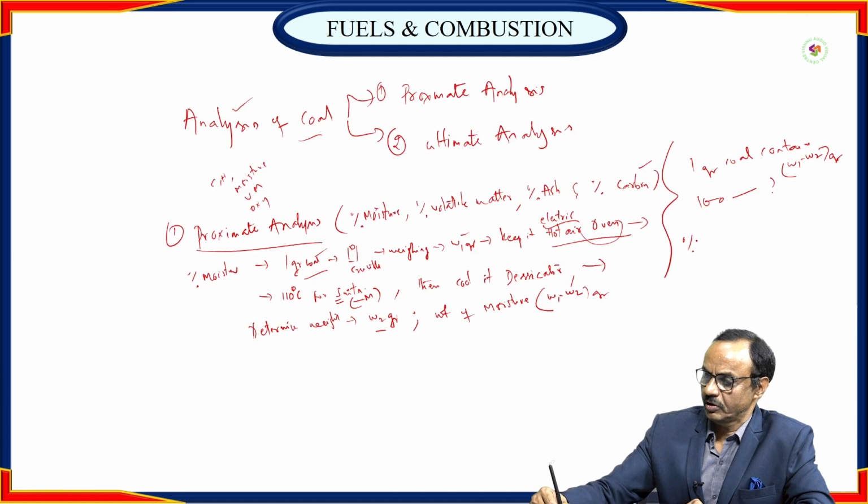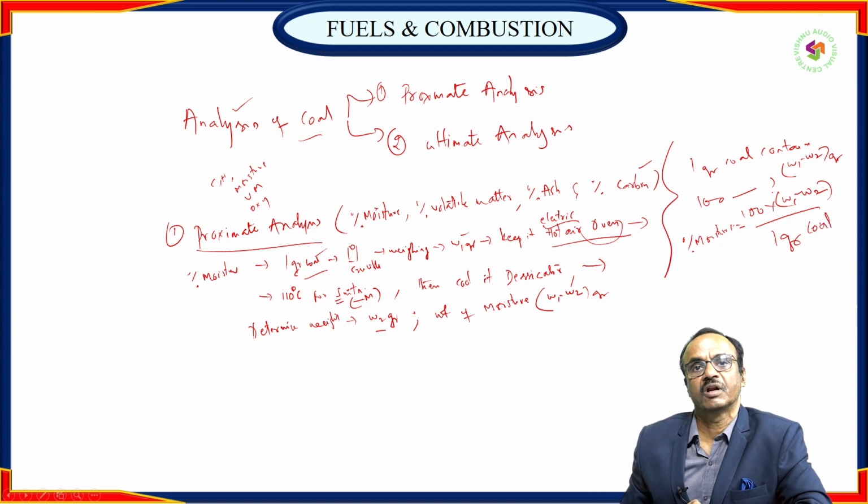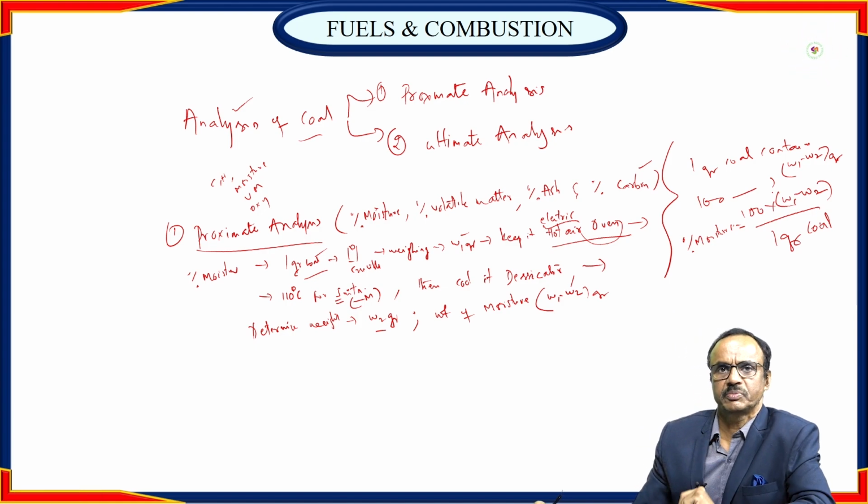Percentage of moisture is equal to 100 into (W1 minus W2) by 1 gram of coal, the 1 gram of coal that was taken for analysis. So very easy, there are simple steps involved.